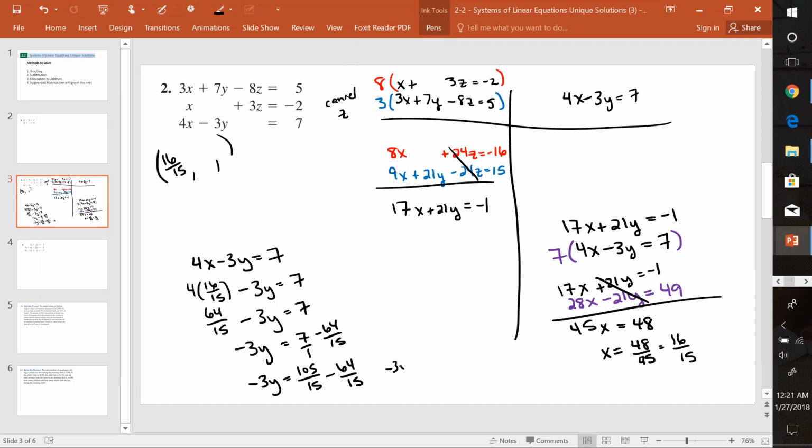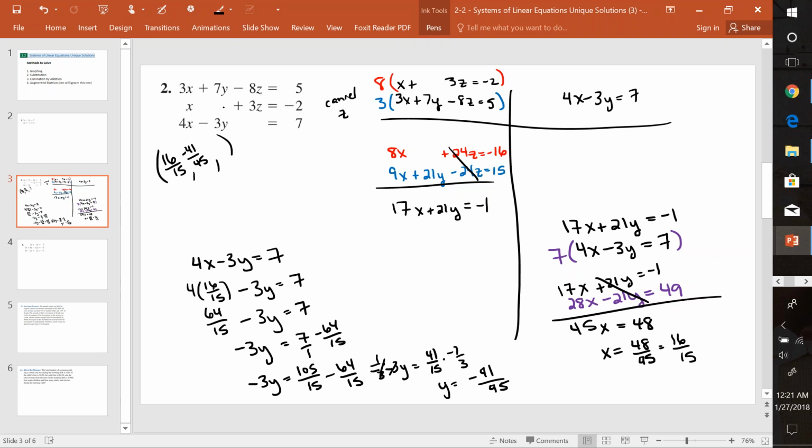So this is negative 3y equals 41 over 15. And we would need to multiply both sides by negative 1/3 to get rid of that negative 3 there. So this tells me that y is negative 41 over 45.